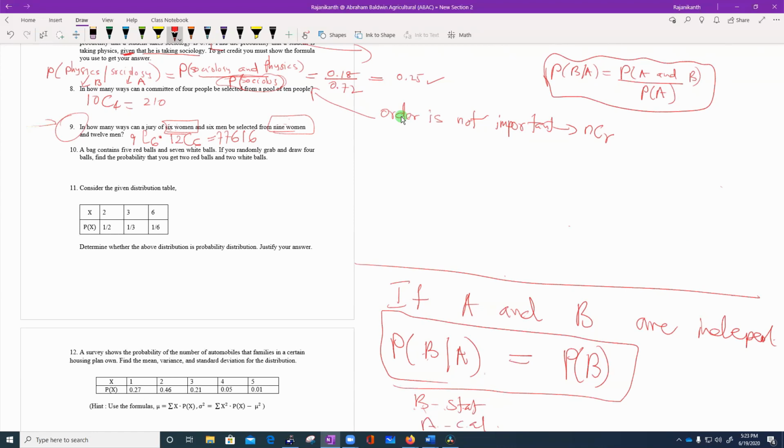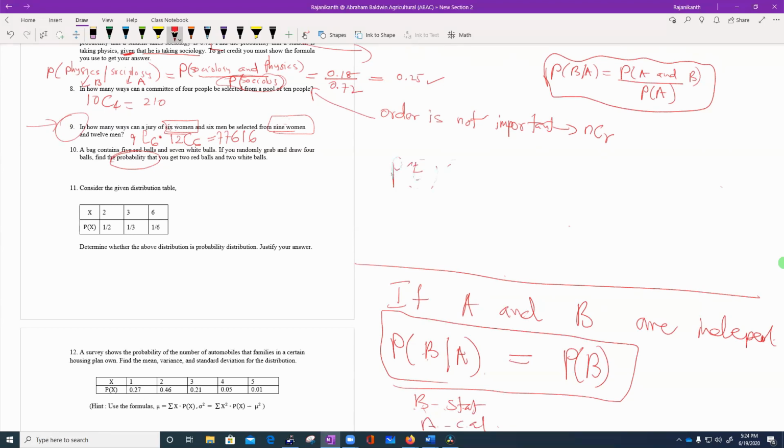But number 10 does. They talk about the probability. You see the word now, probability. Whenever you see counting-number probability questions, you need to use what? That's the classical probability formula.